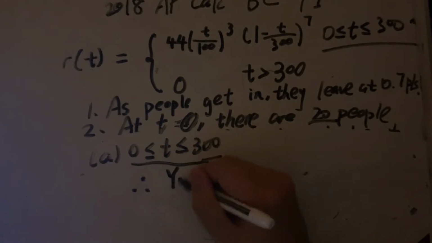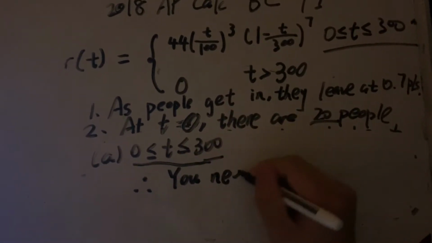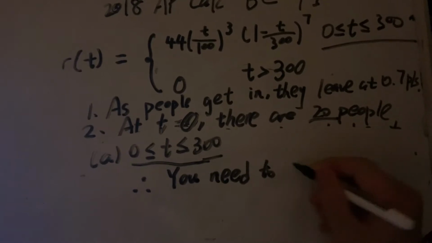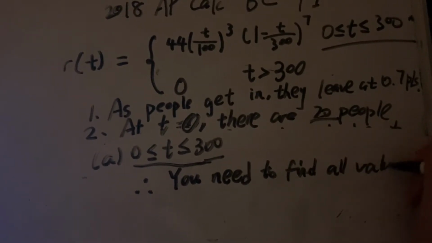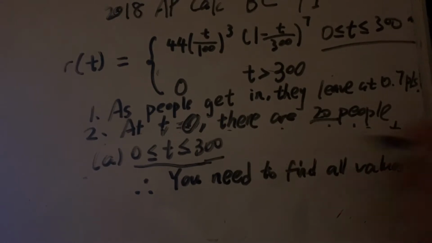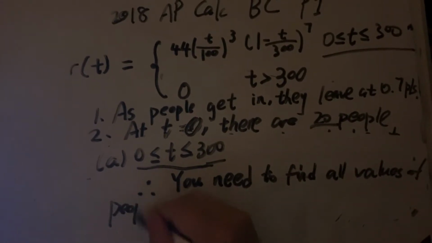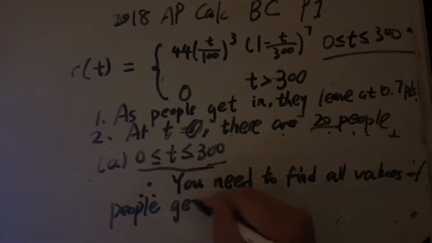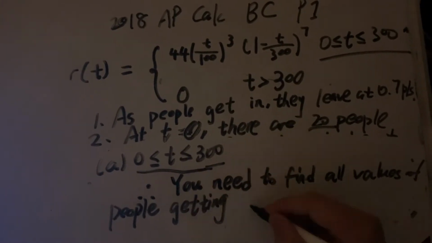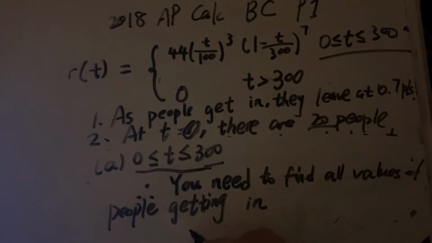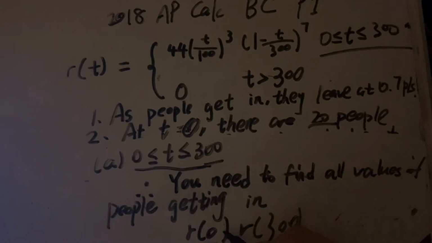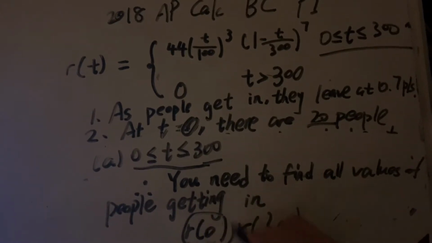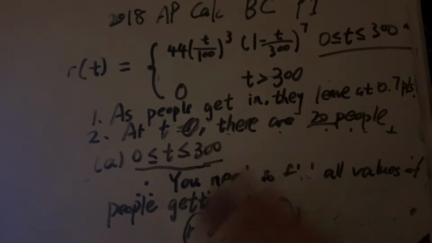You need to find all values of people getting in, which means you need all values from R(0) to R(300) and sum them up. So you need the sum of all the values starting from R(0) to R(300).